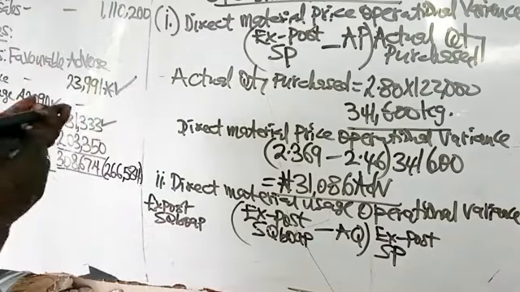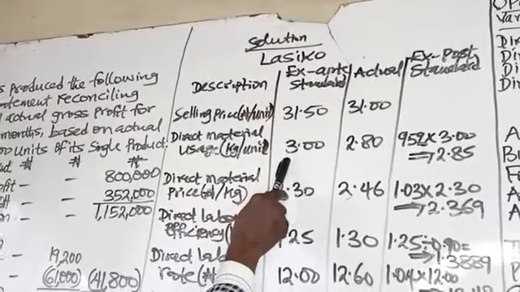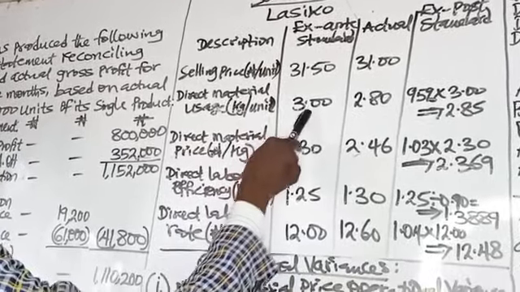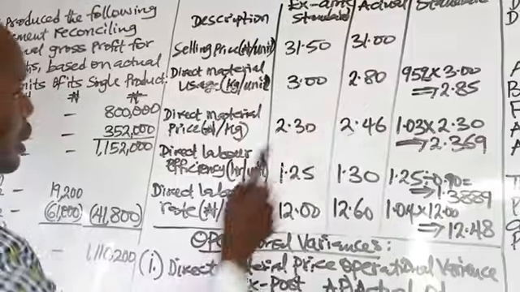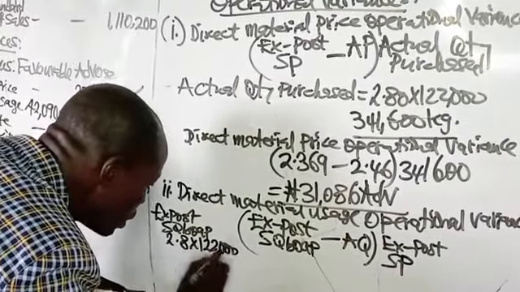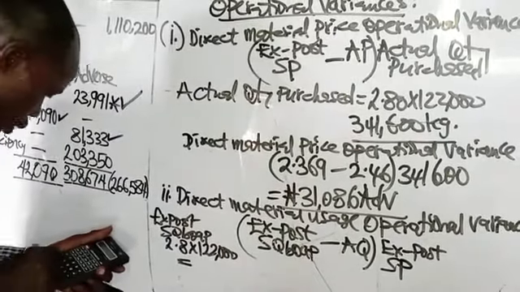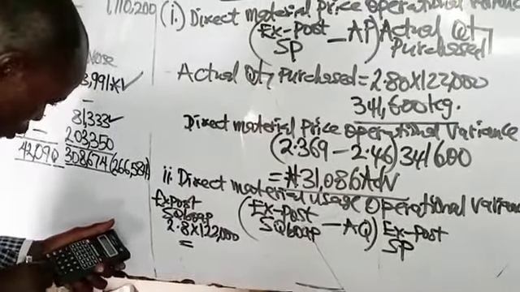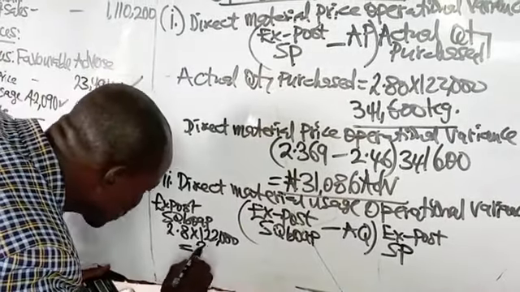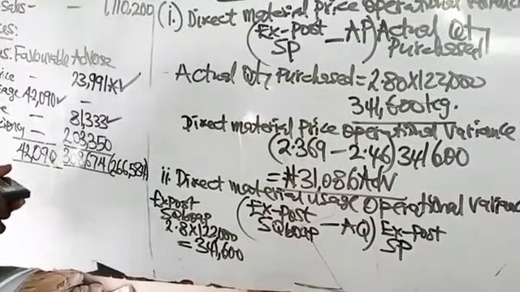How much is our exposed standard quantity for direct material usage?